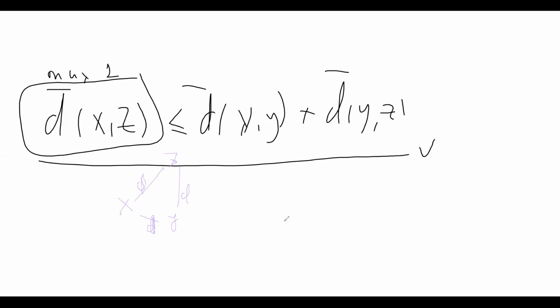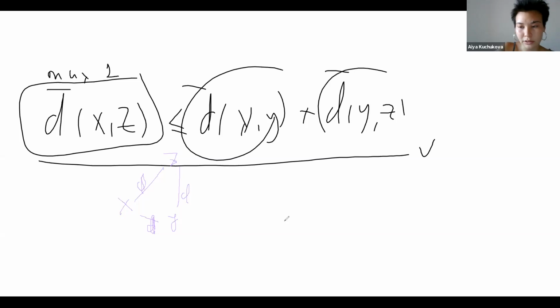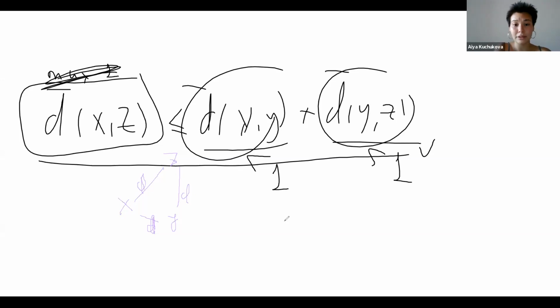So if this or this, whatever, is bigger than 1, the inequality holds. The only problem is when both of them are small, so both of them are less than 1. So we have to prove this inequality for that case, right? What do we know about it? It's the standard metric, right?